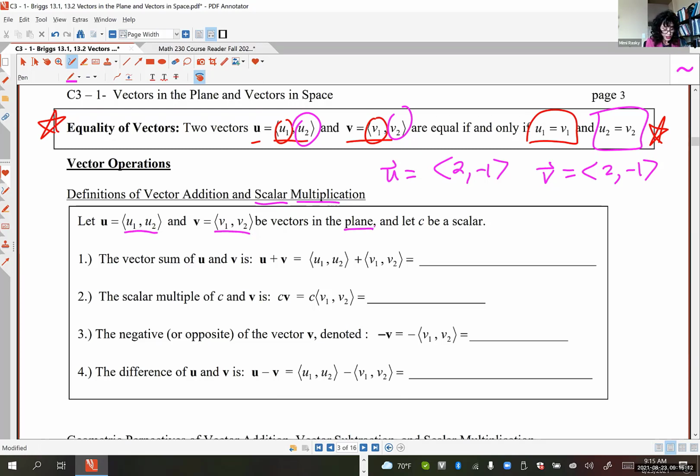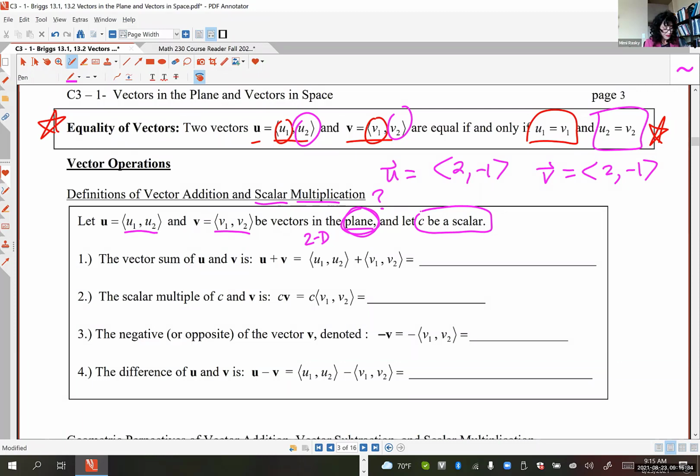And they're going to be vectors in the plane. What does that mean again? 2D. 2D, good. And let c be some scalar. What's a scalar? Just some pure real number like 17 or 4.2 or -57. I don't know, whatever.